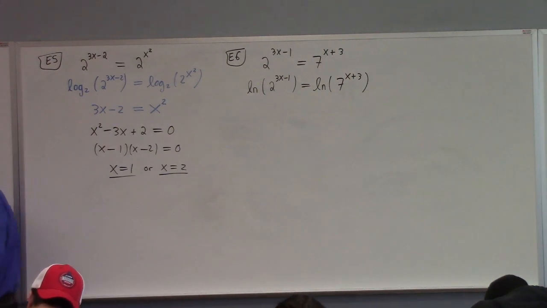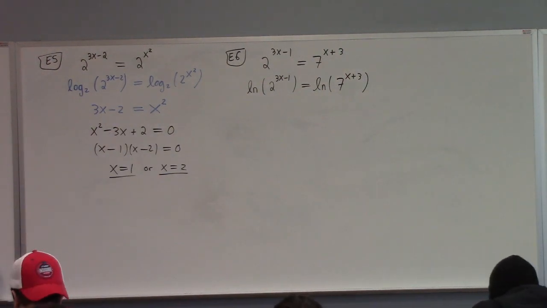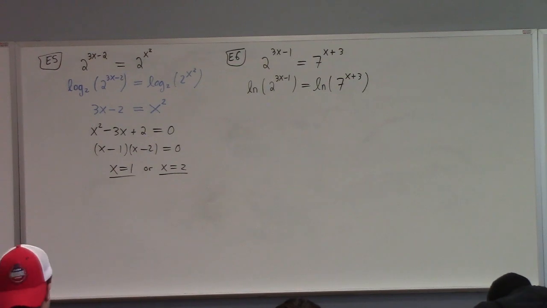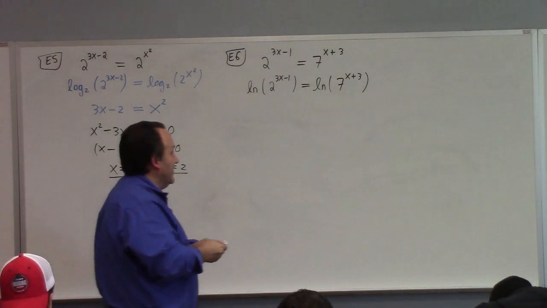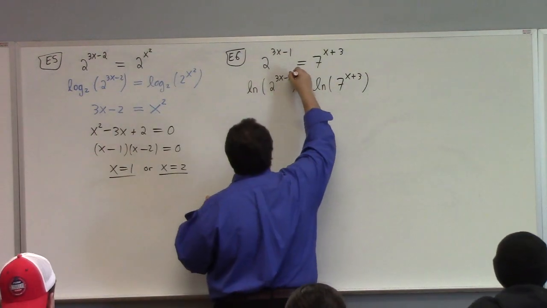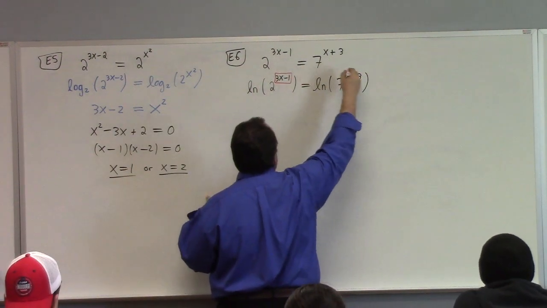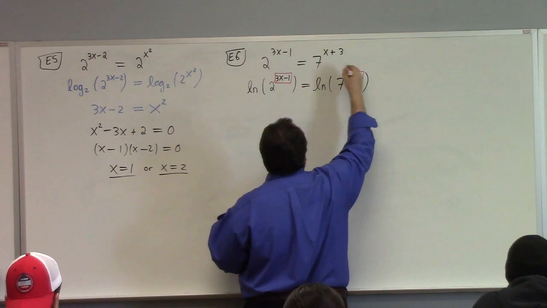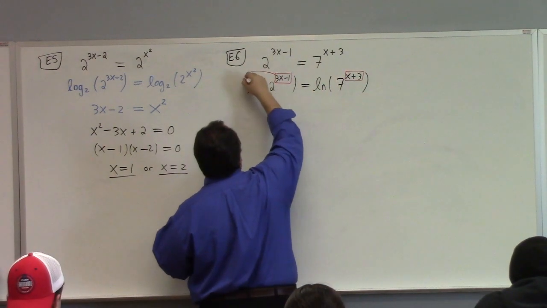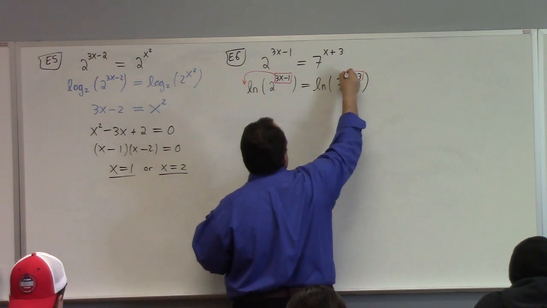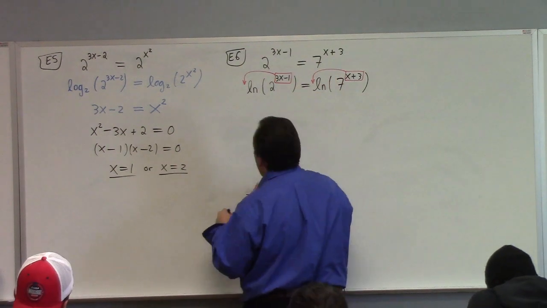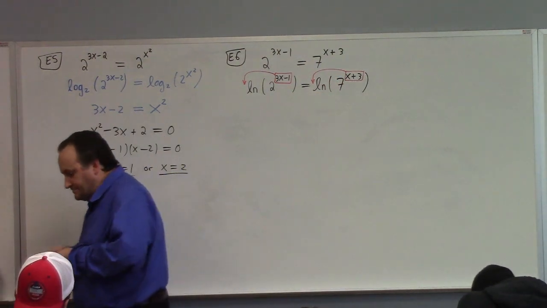Now, what can I do with that? I've got a logarithm of something to a power on both sides, so I can pull it out by the power property of the log.